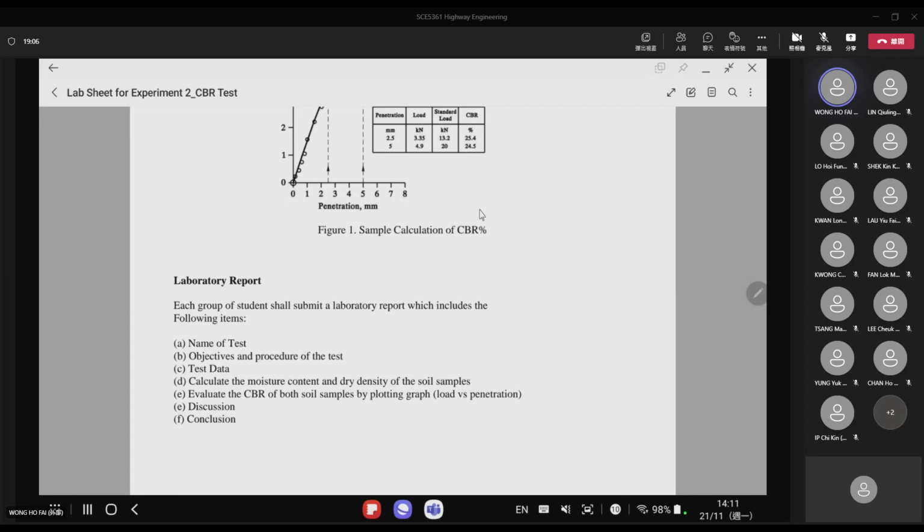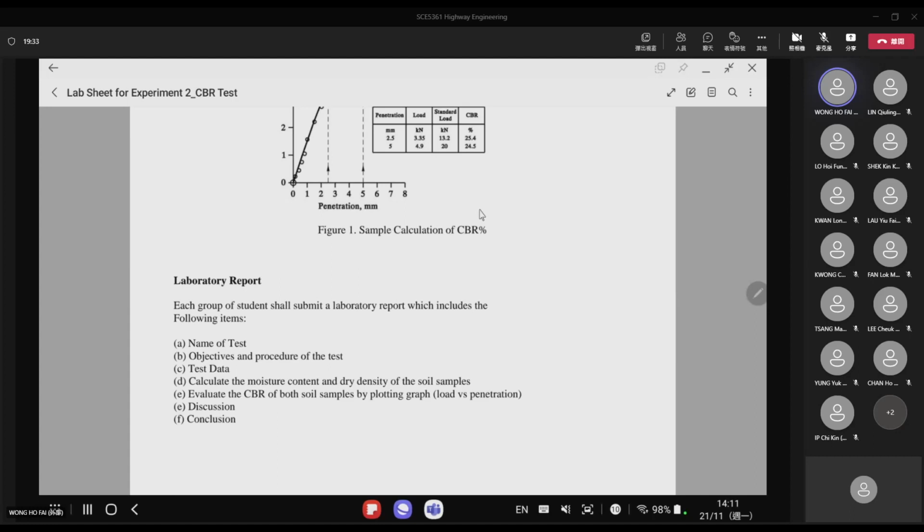And for sure, you need to give me the objective, procedures and test data. Actually, it's already stated in the lab sheet. In the lab report, you just need to restate that information, or you can give me some additional information based on your study, and then give me some discussion and conclusion afterward, okay?